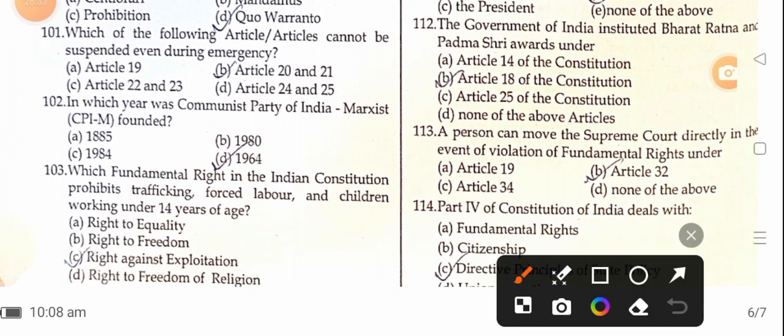In which year was the Communist Party of India founded? 1964. A person can move the Supreme Court directly in the event of violation of fundamental rights under Article 32.